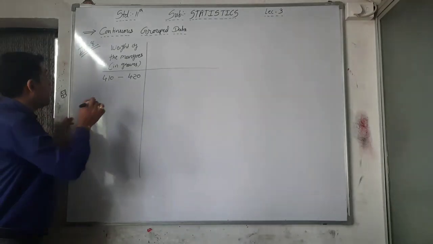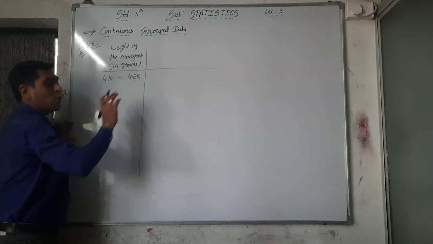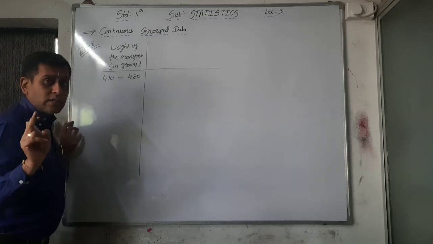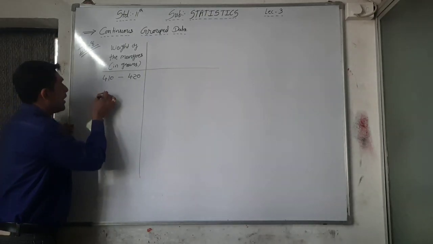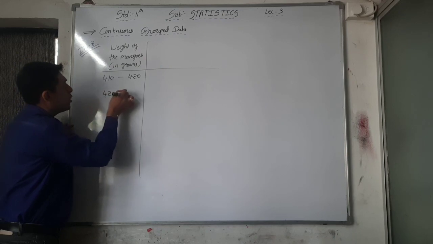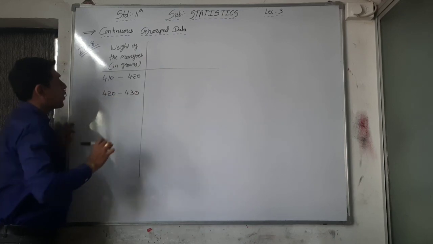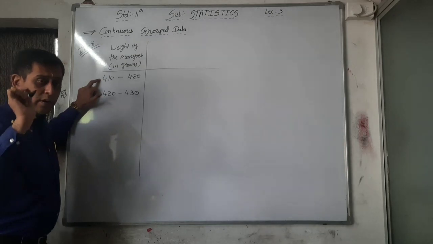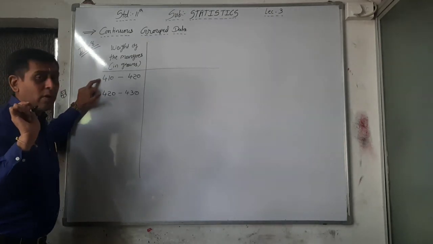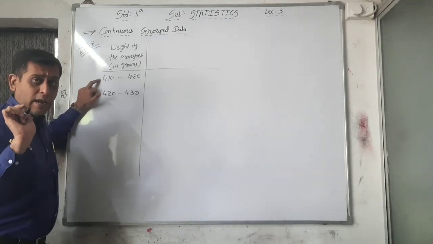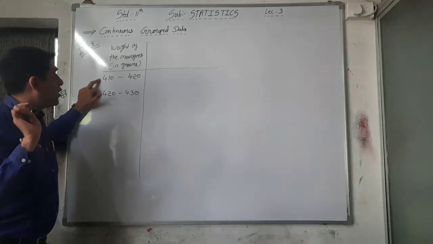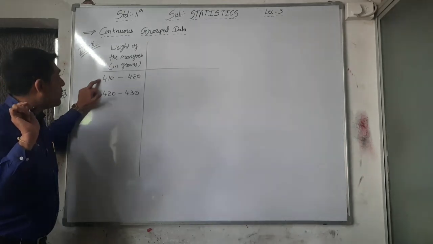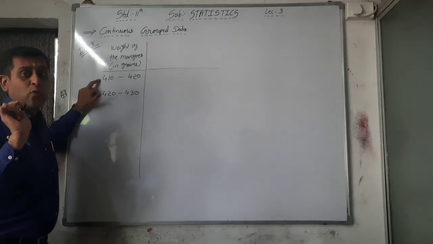Then you have to make the next one, that is from 420. Now in the second, below 430 is given. So you have to write the second one as 420 to 430. 410 is given in the first line, that is the minimum weight is 410 grams. And the first point is the first information about the weight of the mangoes, which is below 420.